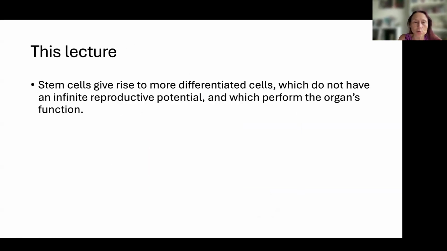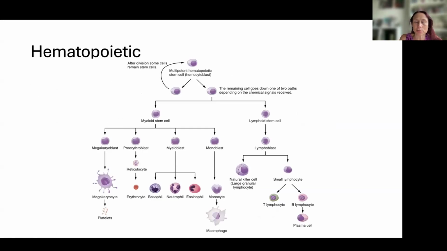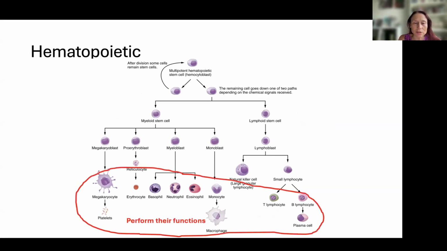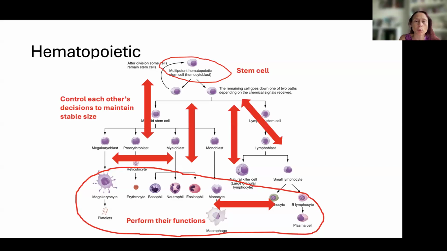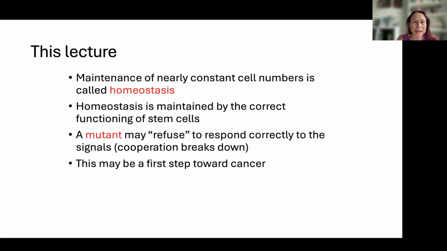Okay, so many types of stem cell lineages have been identified. This is blood, and we will return to that in greater detail today. So these are the differentiated cells. This is a stem cell, and they communicate with each other. So I think this whole talk and this whole topic is centered around communication of cells, and how the communication can be broken by a mutant.